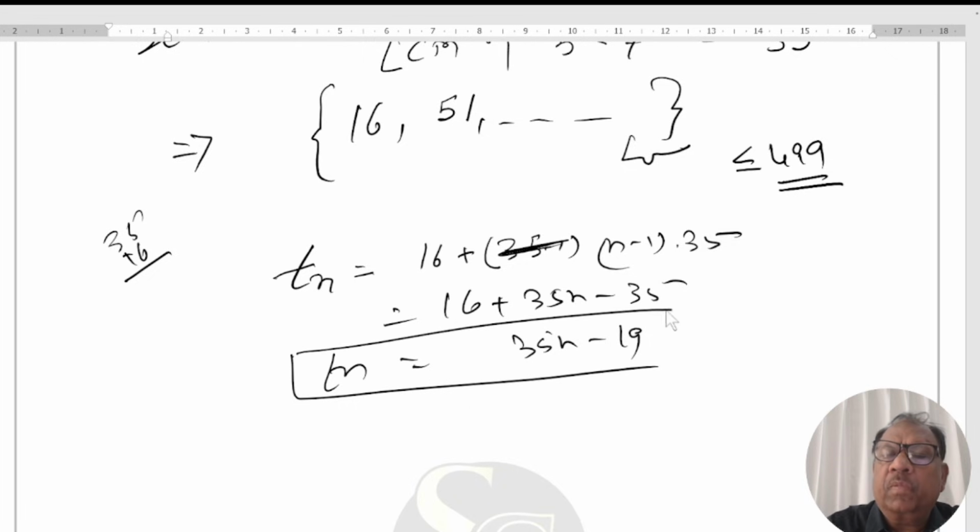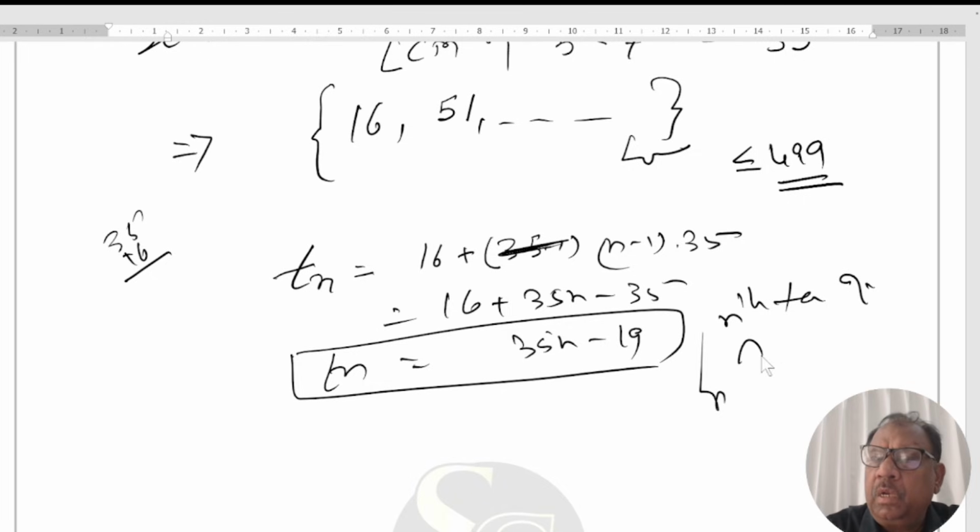This is the nth term of A intersection B.